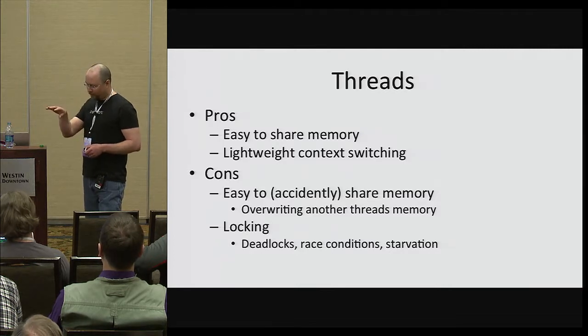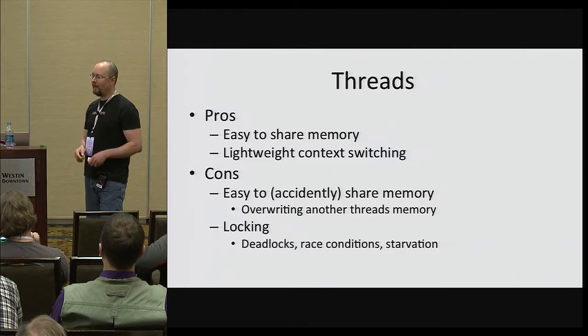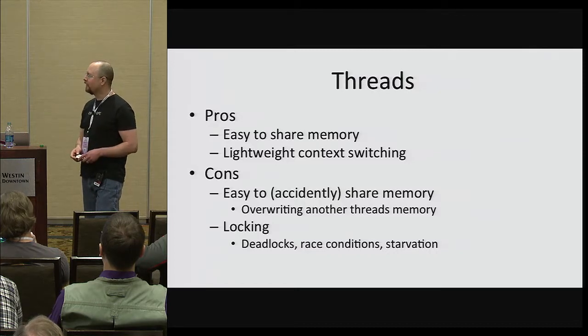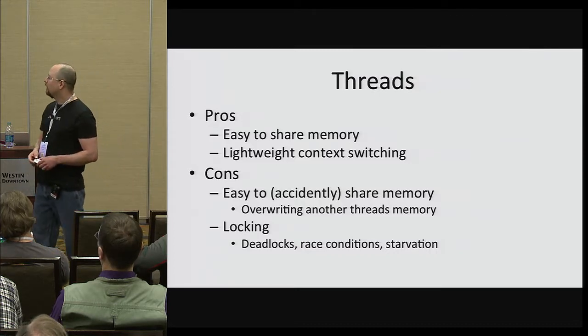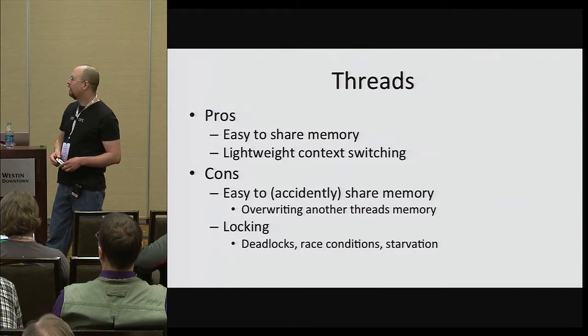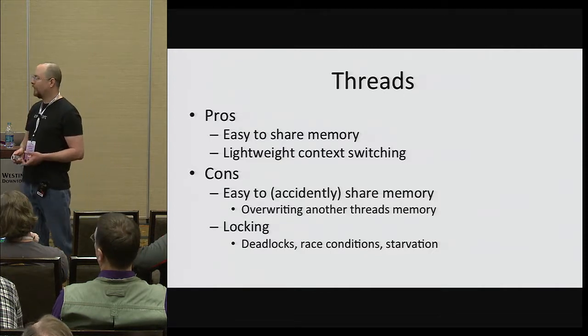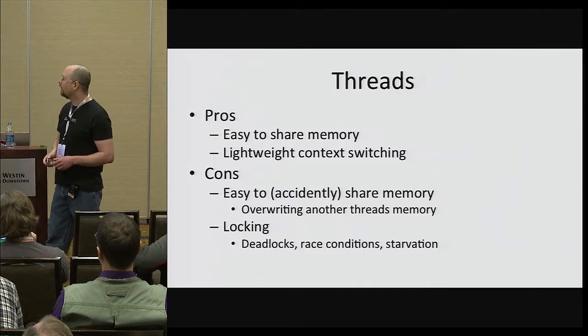Because a thread can modify another thread's object or data structures, you might not see the problems until later, and you might not know exactly how that happened. Locking, deadlocks, race conditions, starvation. Out of these 3, I'd say race conditions I've run into being most problematic. Again, it's hard to figure out what's going on there.